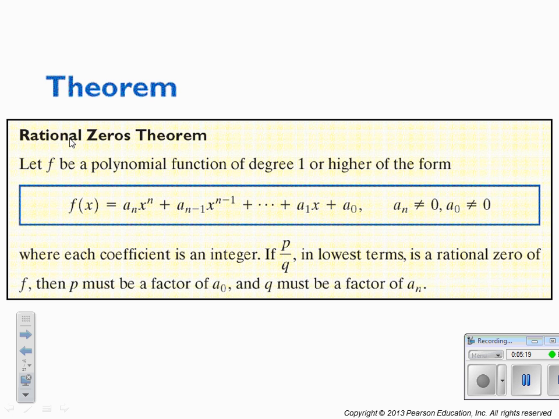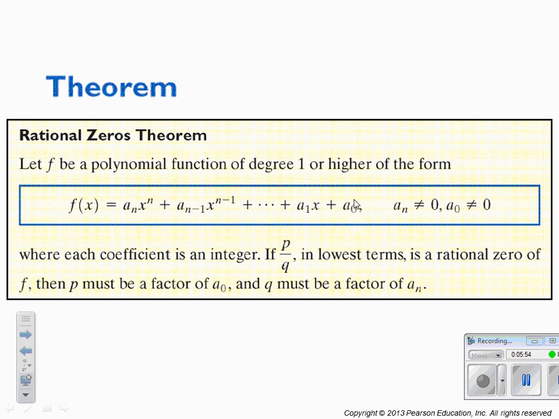So if I have my polynomial function where the coefficients are integers, if p over q in lowest terms is a rational zero of f, then p must be a factor of my last term, and q must be a factor of my first coefficient.